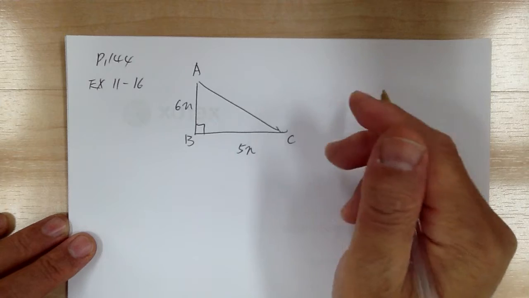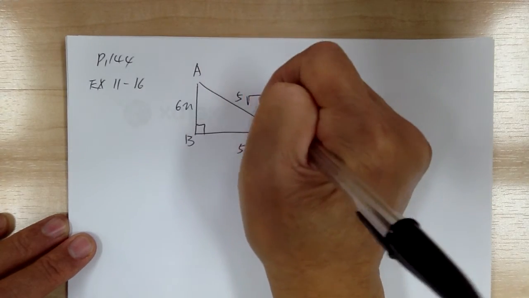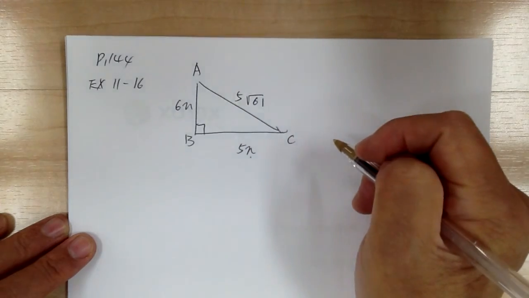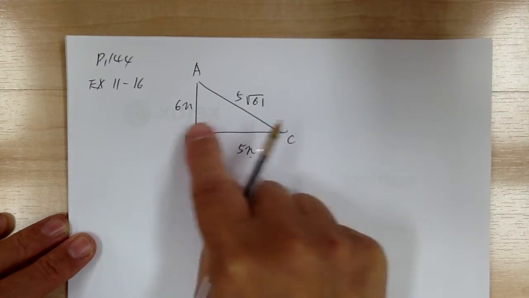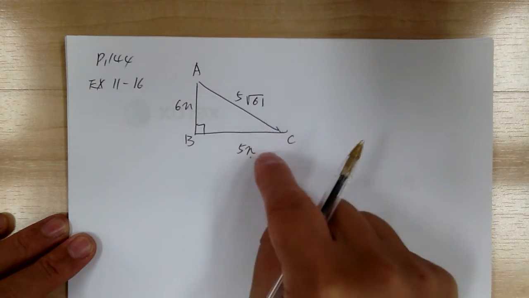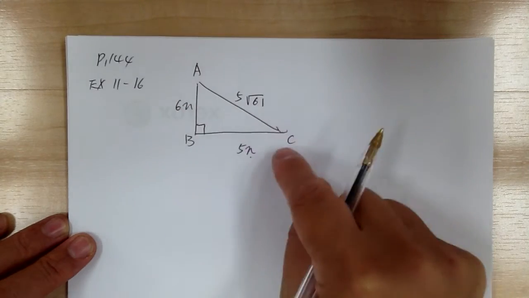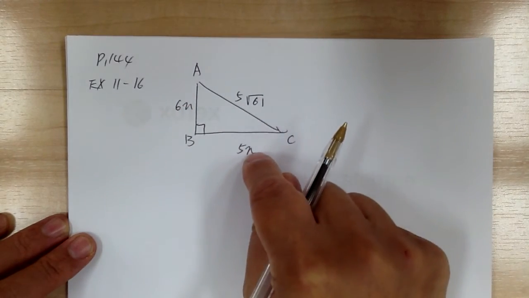It says one side BC, if AC equals 5 square root of 61. From here you can figure out what the n is. Again, the ratio is cotangent is cosine over sine, and it's 5 over 6, but these are not the actual numbers, there's a multiplier.